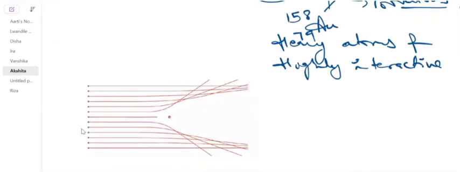Check, this is the diagram for this. Be quick, write the observations.